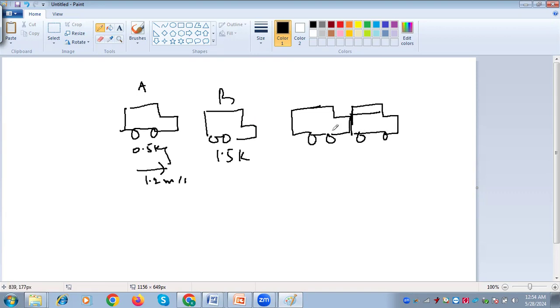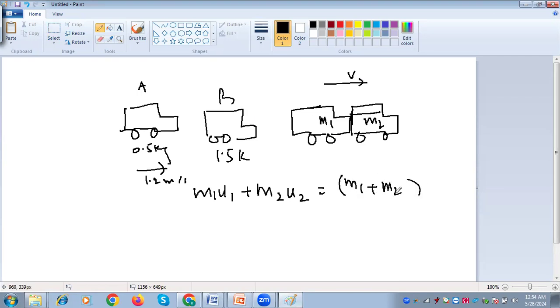They have the common velocity. M1 which is 0.5 kg, and M2. So the formula becomes M1 U1 plus M2 U2 is equal to M1 plus M2 into V, because now they have the common velocity.